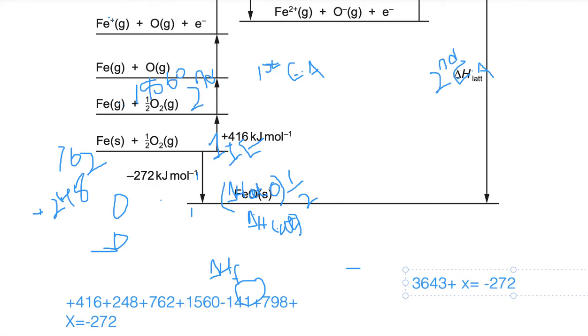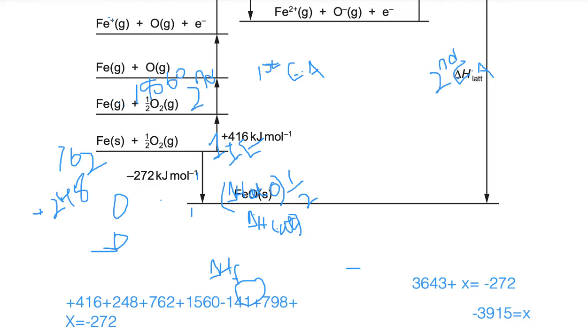Now we bring this minus 3643 to this side, plus 3643 to this side, and it becomes negative. So minus 272 minus 3643 would be minus 3915. So it would be minus 3915 is equal to x, and that is the lattice energy.